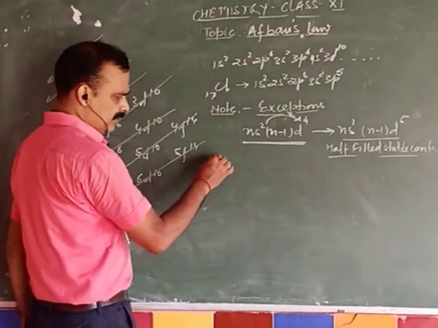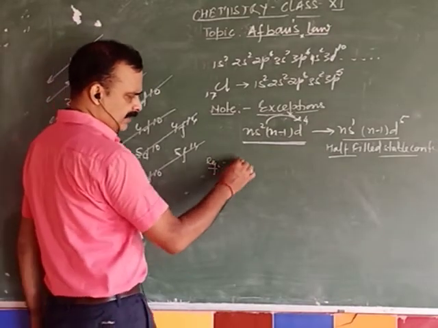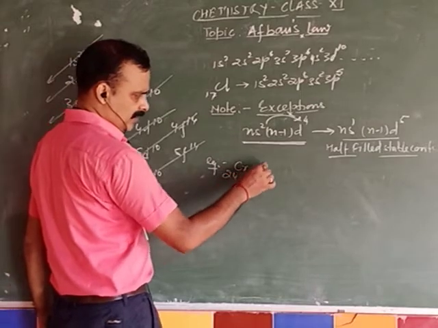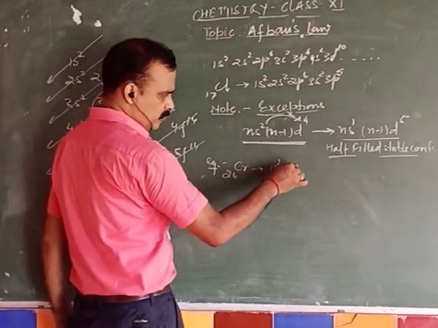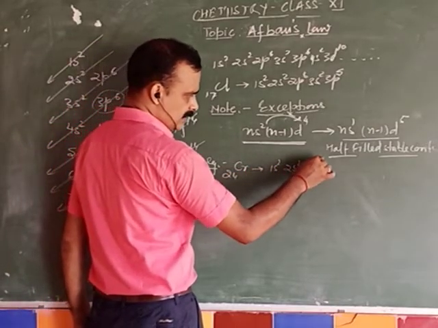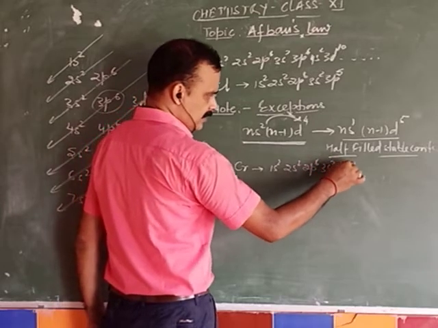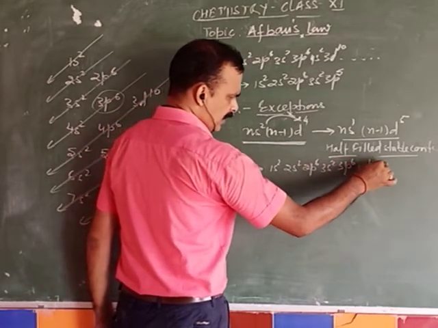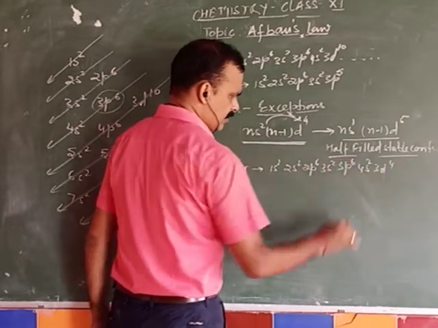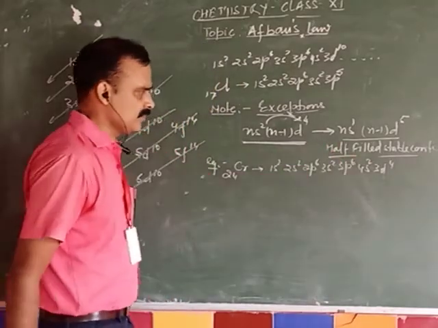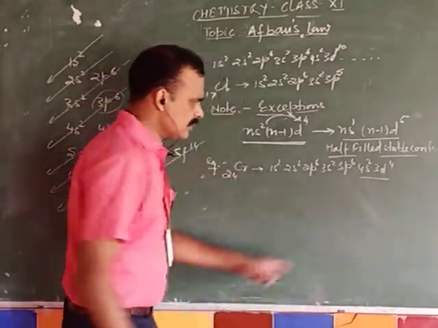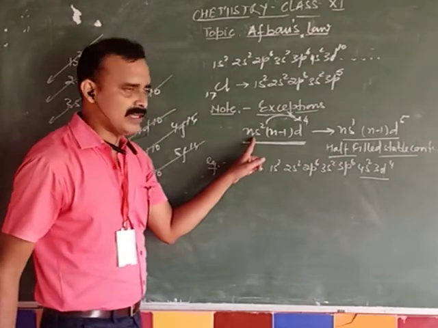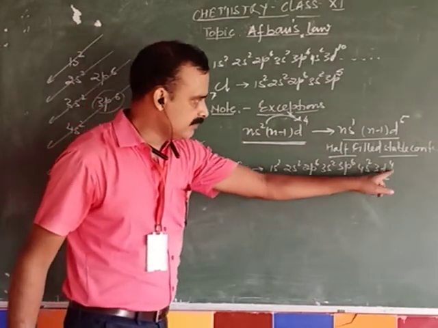For example, I can have an example there. Chromium having 24 electrons. The configuration is 1s2, 2s2, 2p6, 3s2, 3p6, 4s2 and 3d4. 24 electrons are there. You can count them here. Once again, you are able to see this configuration. This is very similar to that 4s2 and 3d4.